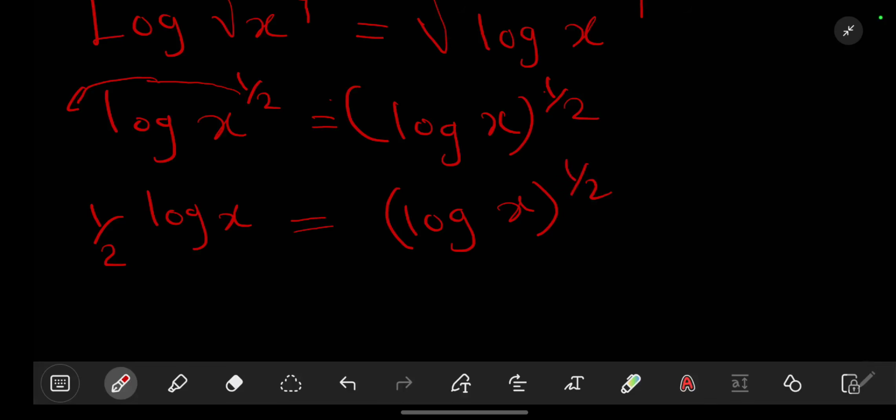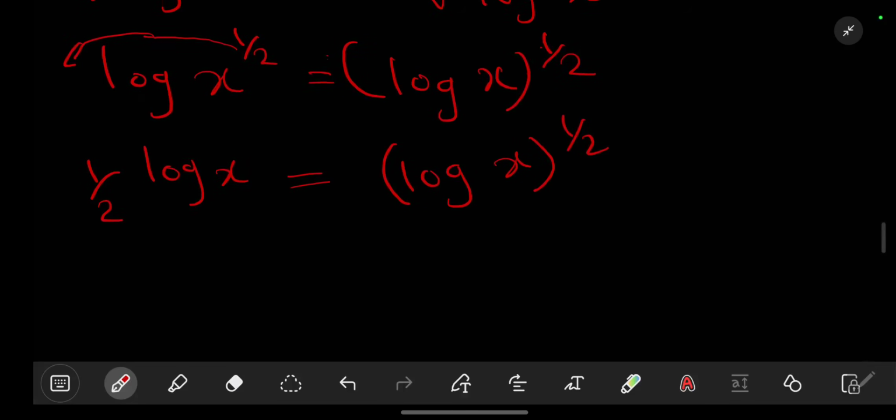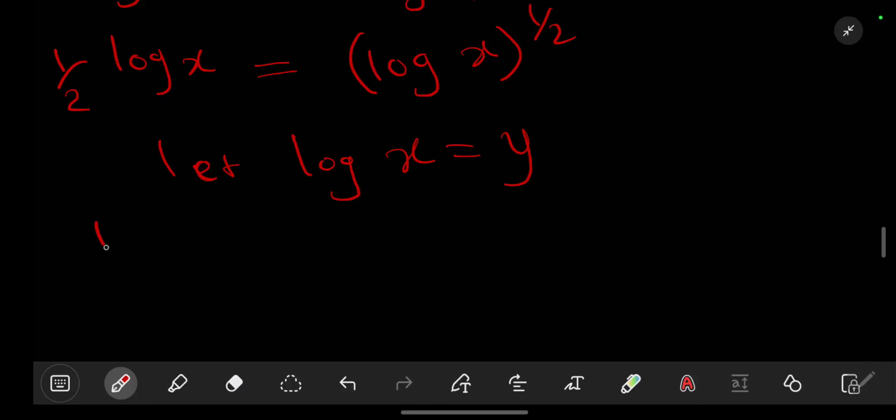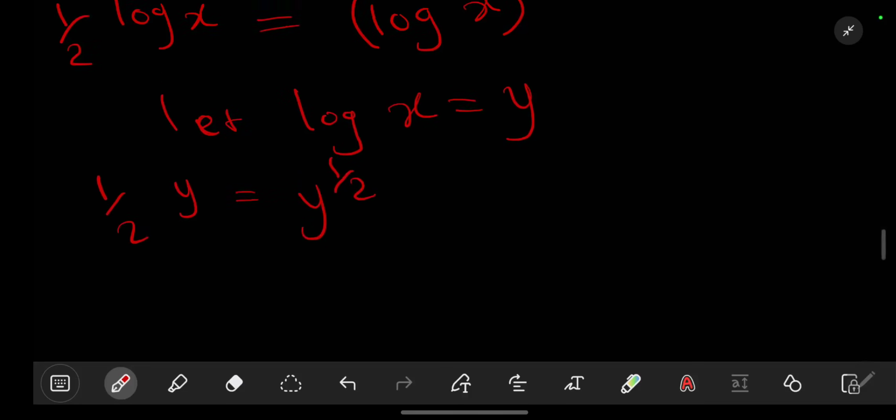From here, we are going to let the log of x be equal to y, which will give us half of y should be equal to the log of x, and where there is the log of x, you put y. Here it is power half.